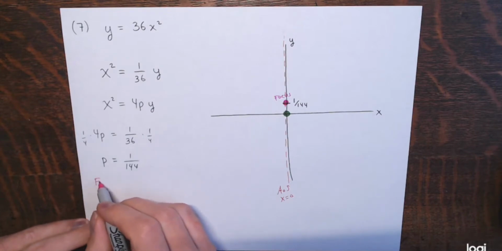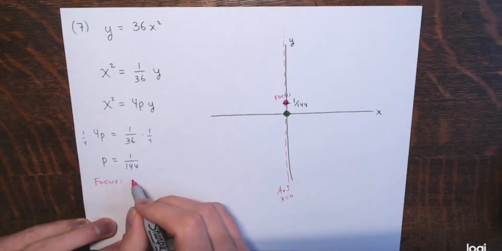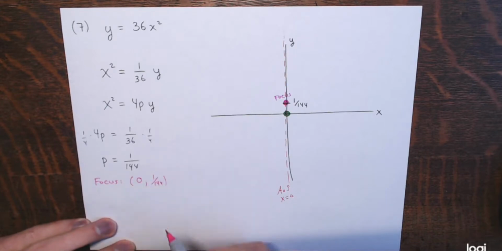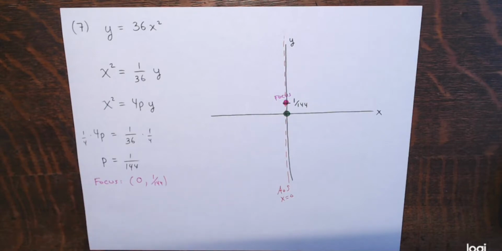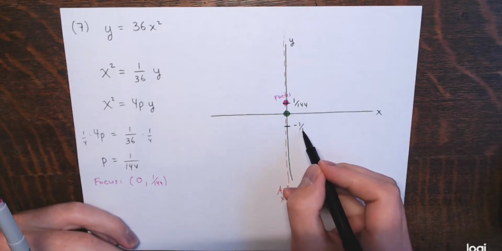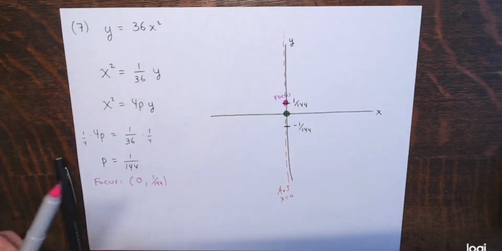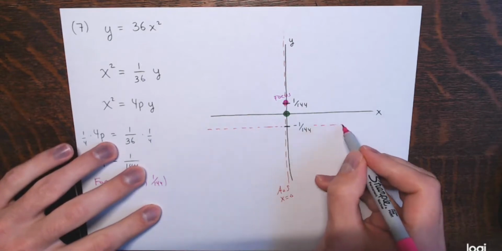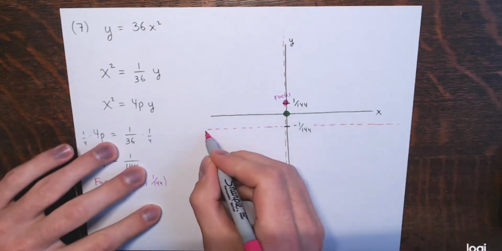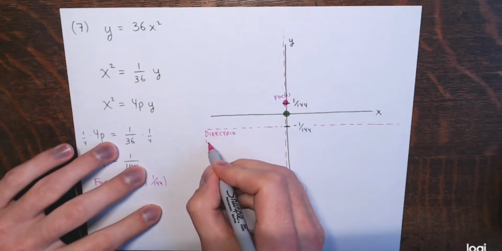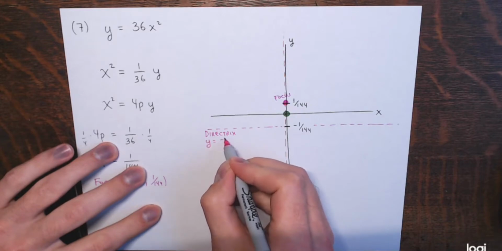So the focus is at the point (0, 1/144). And the directrix would be that many units below. So here's negative 1 over 144, and the directrix will be horizontal, to be perpendicular to the axis of symmetry. So y equals negative 1 over 144.